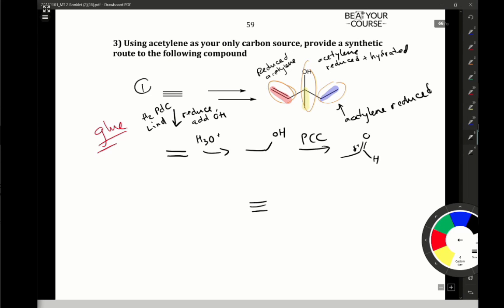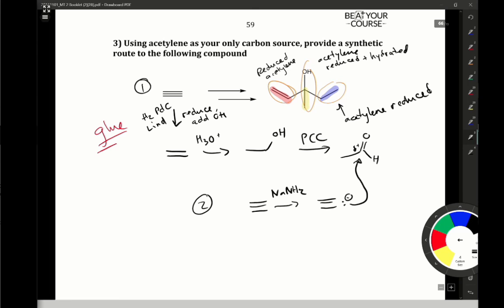So maybe this is the first one we use. Here's the second one. We're going to form our glue. It's a good base.